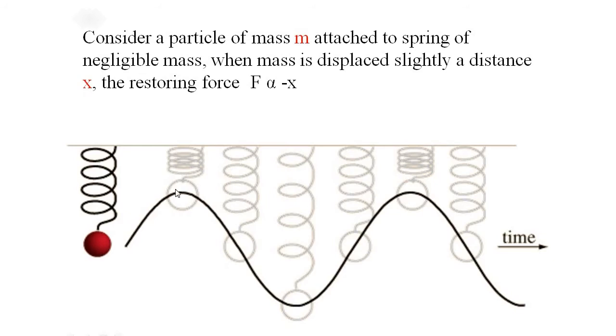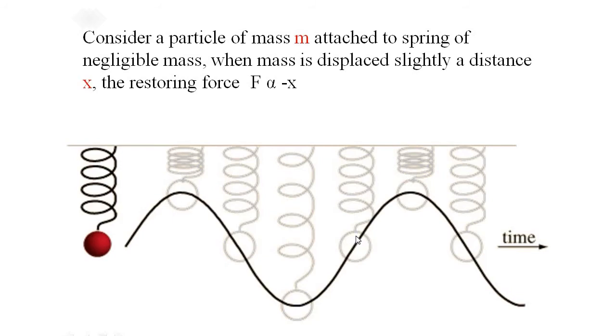That force tries to pull the spring towards the equilibrium point. Because of inertia, it will overshoot the equilibrium point and the spring will expand. At this point also, the restoring force is maximum and tries to pull it to the equilibrium point.